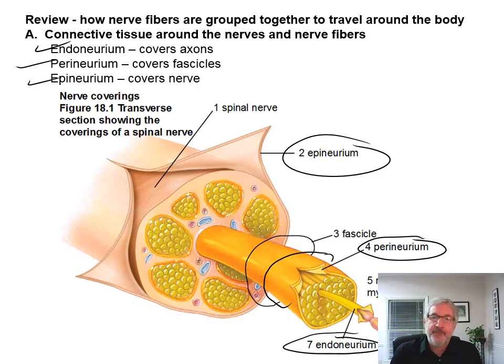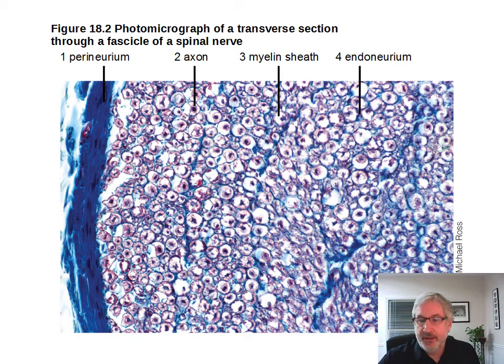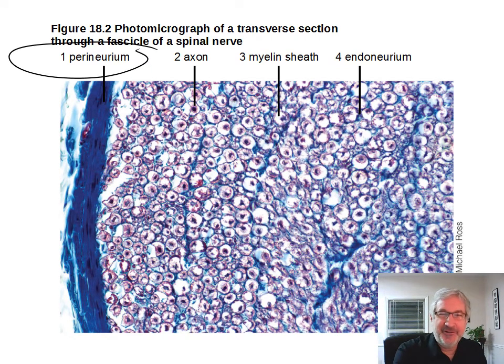Okay, next slide. Here's a photomicrograph of a transverse section through a fascicle of the spinal nerve. So you have the perineurium, and here you can see an axon, the dark dot right here, and then you have endoneurium around it.